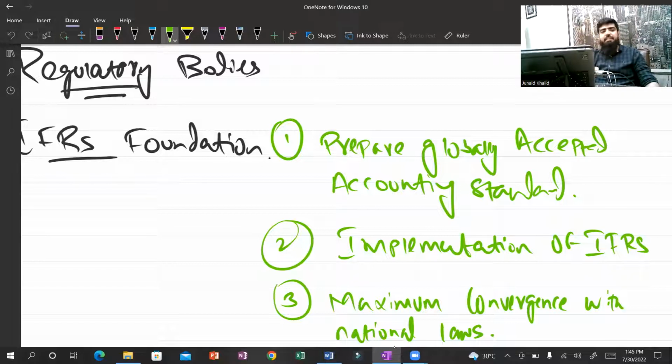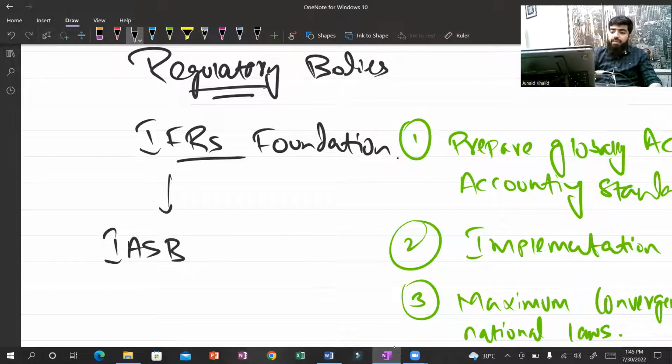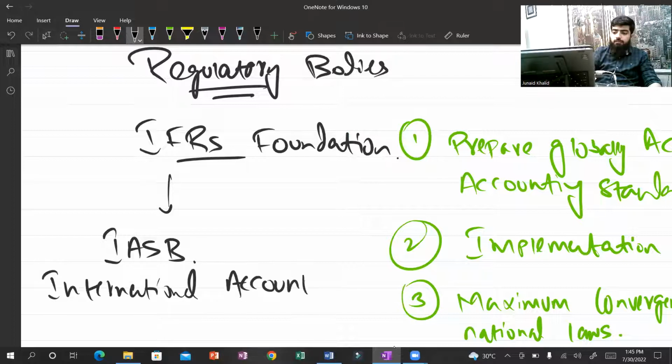And with these three basic objectives, what IFRS Foundation did, IFRS Foundation created another organization that is known as IASB. IASB stands for International Accounting Standard Board.